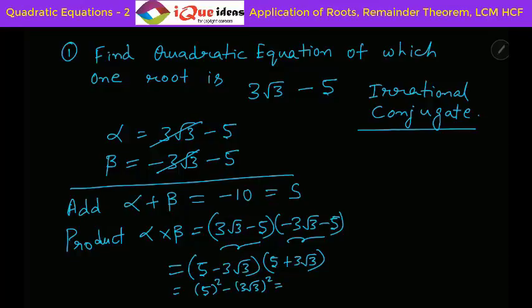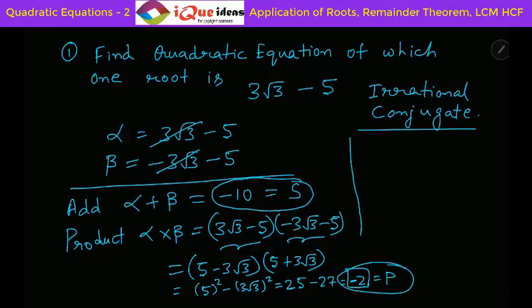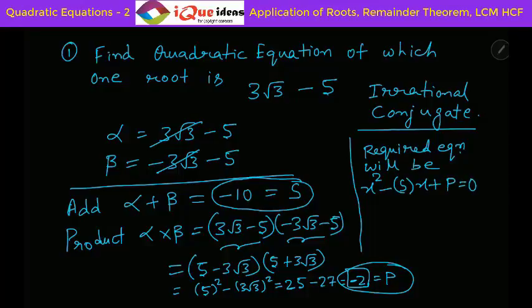Now 5 square is 25 minus 3 root 3 square will be, 3 square is 9 and then root 3 square is 3, that is 27. So it is minus 2, right? So the sum of roots is minus 10 and the product of roots is minus 2, right? So that means our required equation will be x square minus sum of roots into x plus product of roots, that is equal to 0.